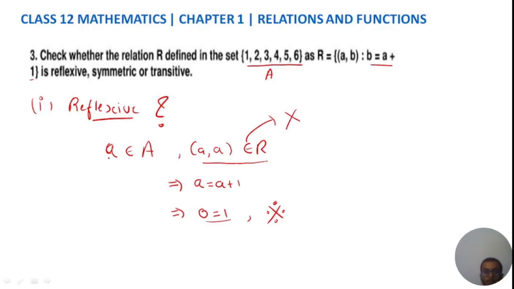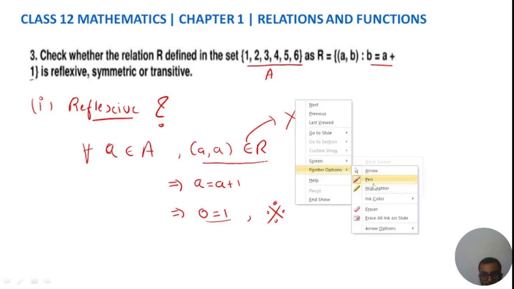That is, you can't have that for every a belonging to A, you will have (a, a) in R. This shows that our R is not reflexive, because if R is reflexive, then we get 0 equals 1, which is not true. So R is not reflexive. Now let's do symmetric.